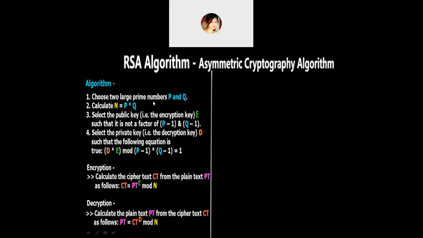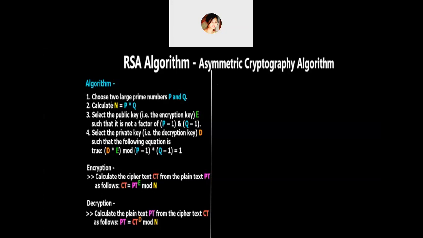Suppose this is the algorithm. The first step is that we have to choose two large prime numbers, say P and Q. Do you know what a prime number is?